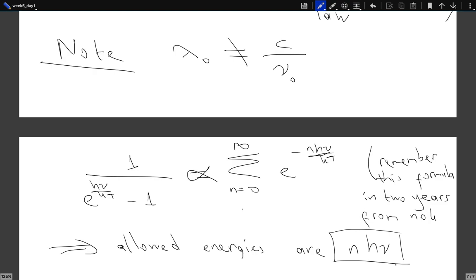Some of it is absorbed by that oscillator, and that oscillator emits some other radiation. So there's this constant emission and absorption of radiation by the oscillators. Now, what this formula told Planck was that those oscillators cannot give just any energy. If it is oscillating at a frequency nu, it can only give energy as a multiple of h nu.